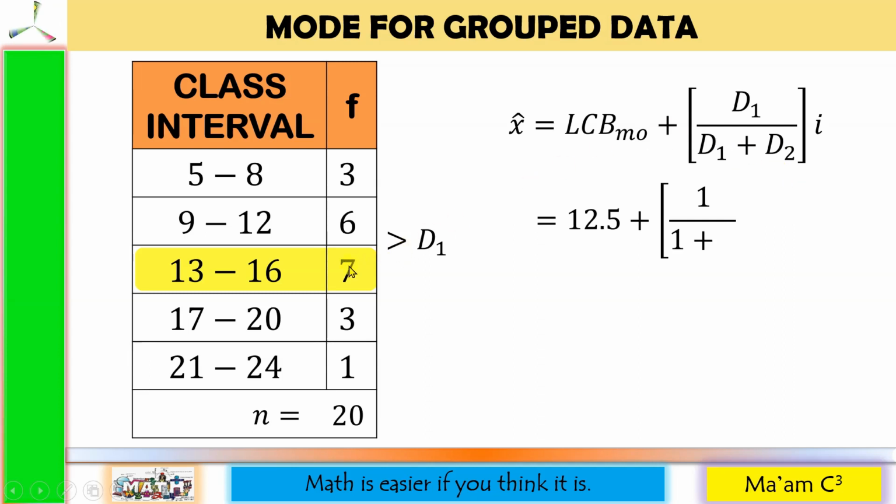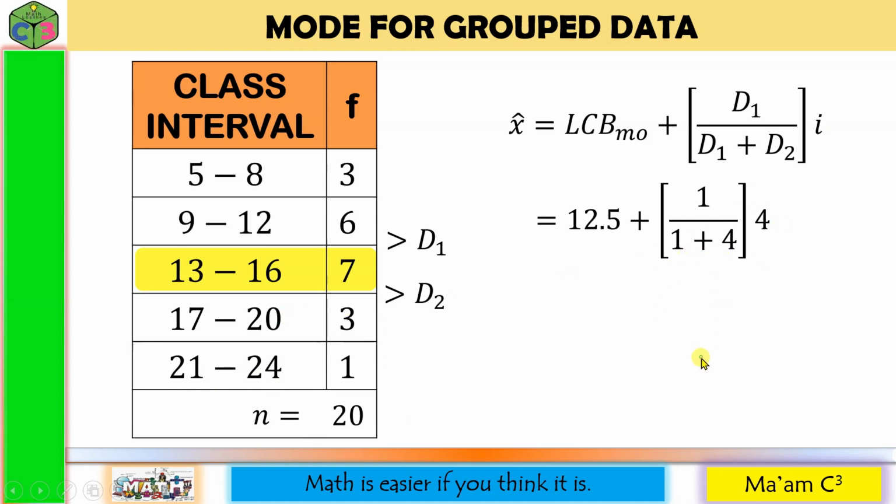D2 is the highest frequency minus the frequency of the next upper class from the modal class. So this is the next upper class, 17 to 20. So this will be our D2. 7 minus 3 is equal to 4. Close bracket. Again, our class width, you can count 21, 22, 23, 24, or 24 minus 20. So this is equal to 4.